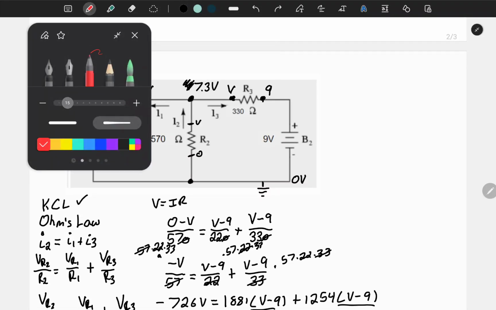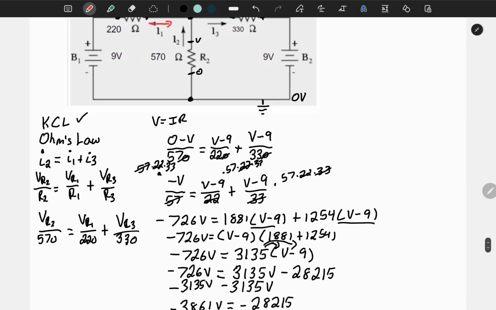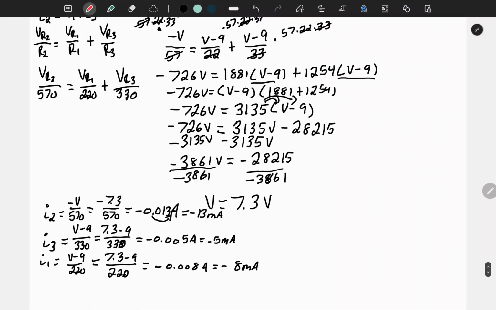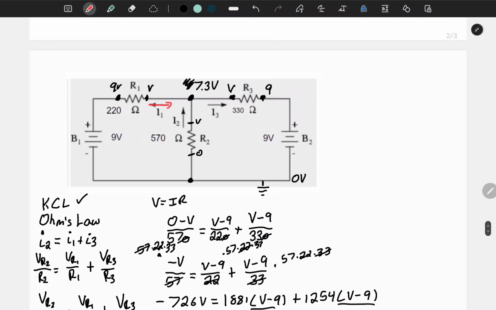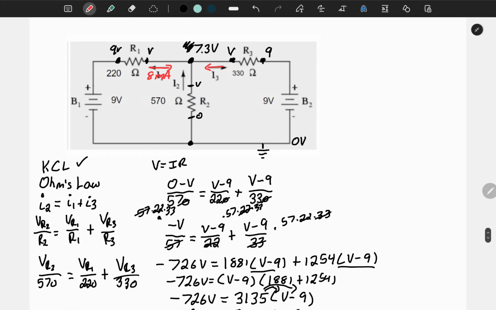So I can actually just do a bright color here. Our current here is actually going into this. So I1 was 8 milliamps. All three of them are negative. This one was 13. Right.